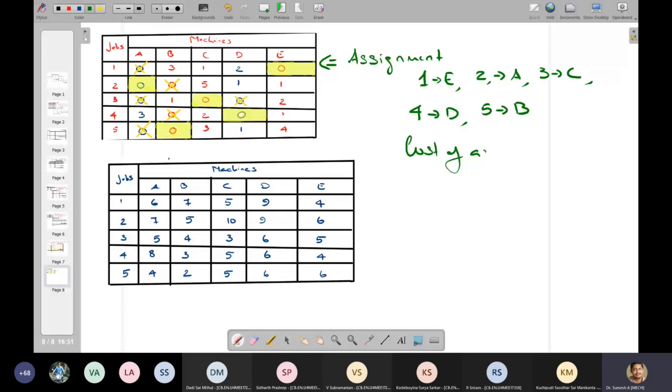So the cost of assignment will be: 1 to E, that is 4, plus 2 to A, it is 7, plus 3 to C, it is 3, plus 4 to D, that is 6, plus 5 to B, that is 2. So if you sum it up, what value will you get?